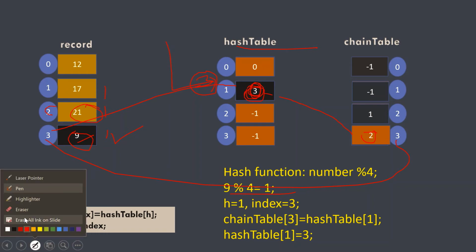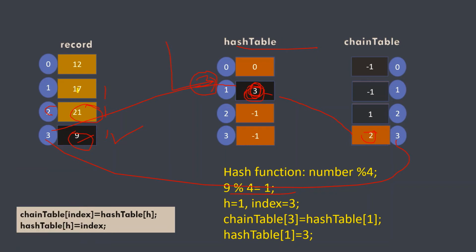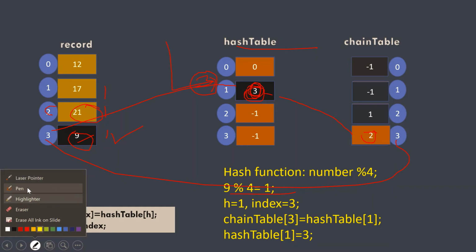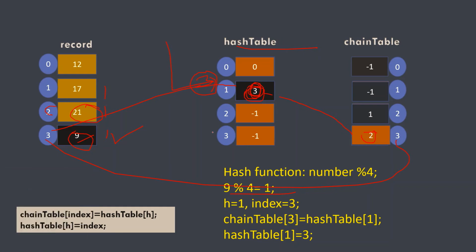Now if you go to 2 again in the chain table, you will find there's an entry called 1.